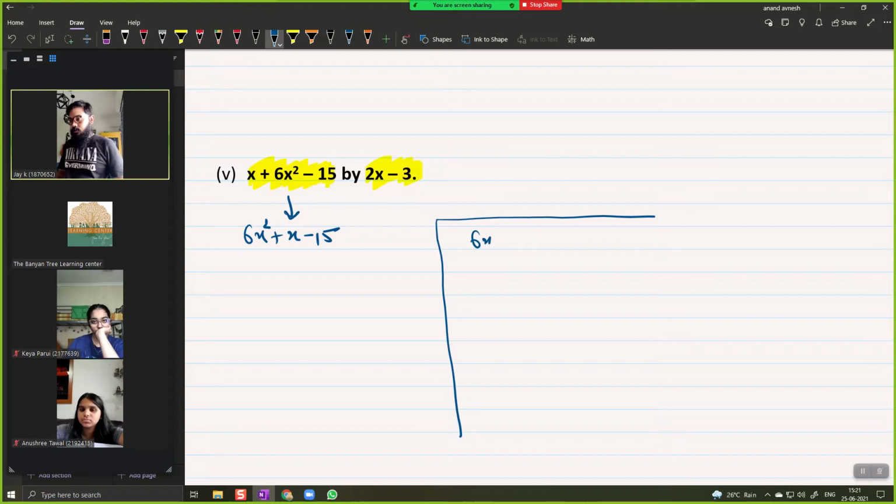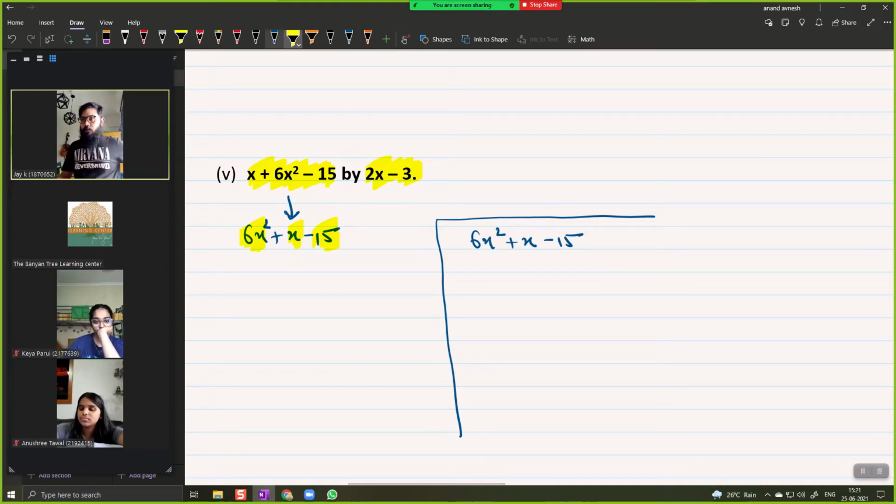Okay, 6x square plus x minus 15. So what did I do? How did I change it? I wrote the first term with the highest degree 2, then degree 1, then degree 0, right? I wrote the dividend in such a way that the degree is in descending order.